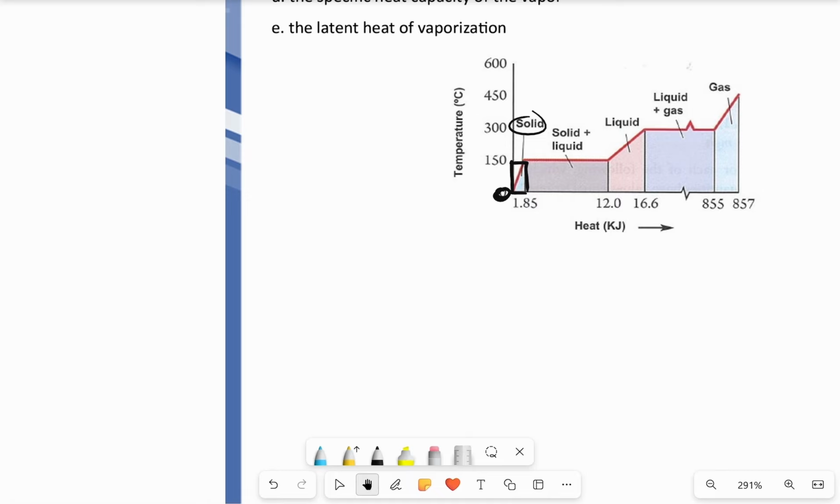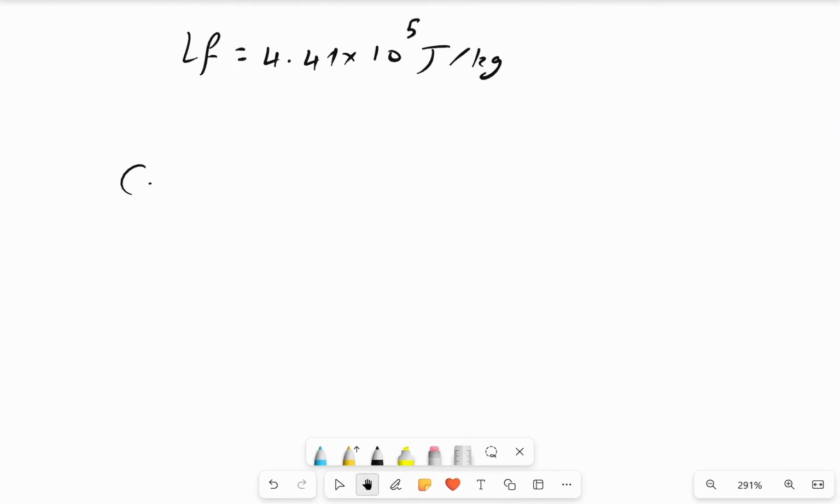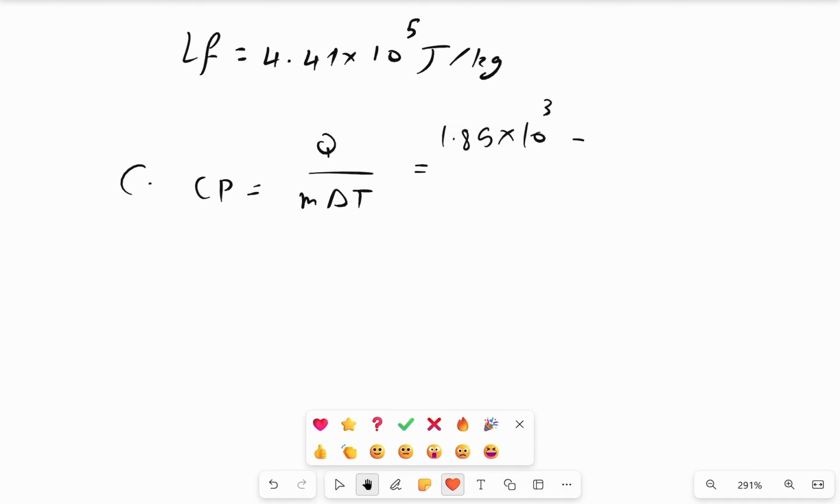Let's calculate the specific heat capacity of the solid. So Cp is equal to Q divided by mass times delta T. This is equal to 1.85 times 10 to the power of 3 minus 0 times 10 to the power of 3.